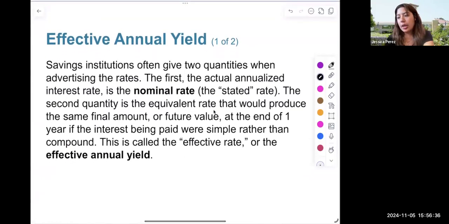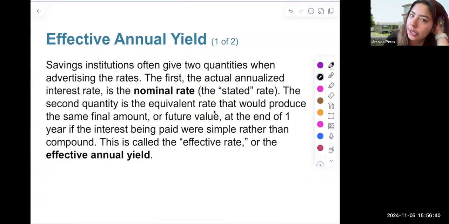What does that mean? When you're looking at an effective annual yield, savings institutions often give you two quantities when advertising the rates. The first one is the actual annualized interest rate, the nominal rate, which is the stated rate.